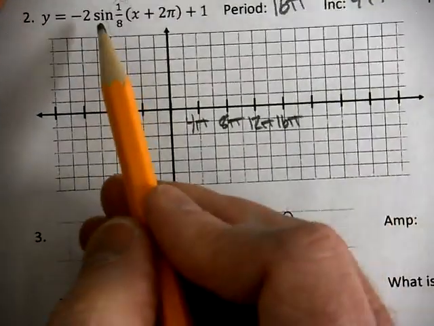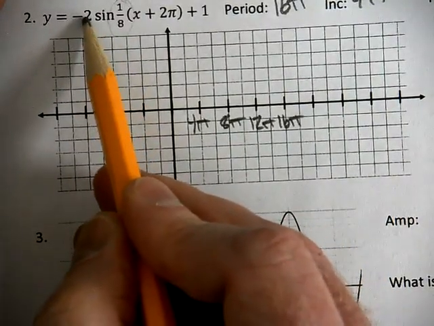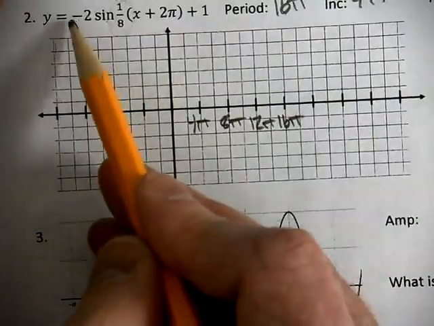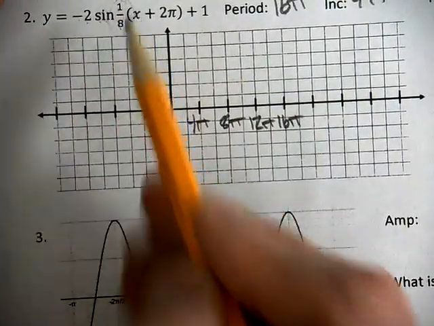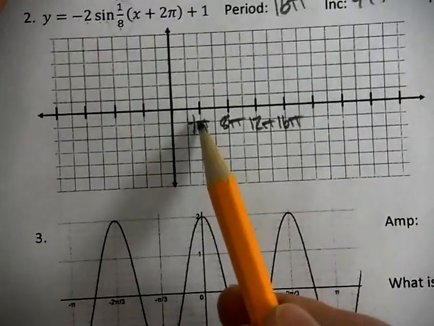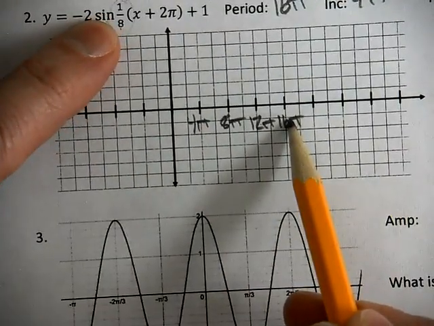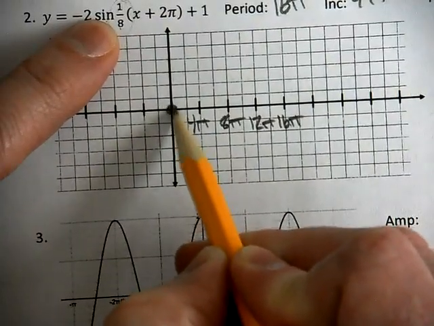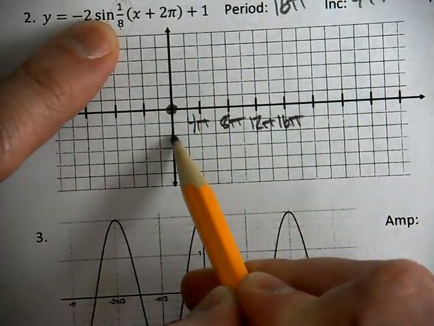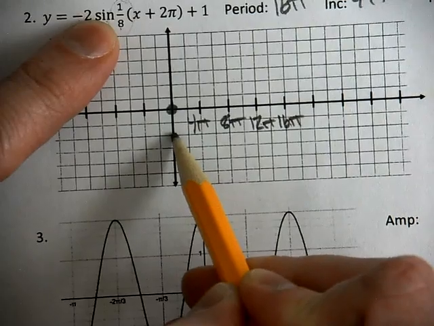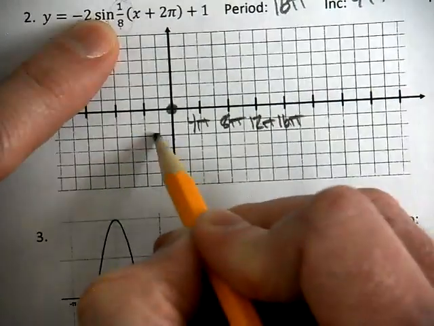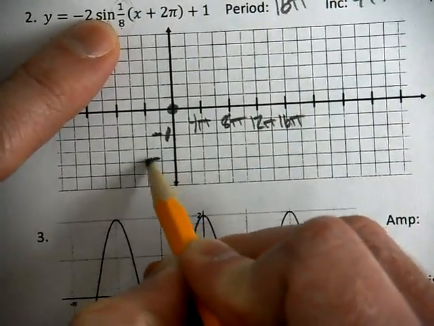The graph that we're going to do right now is just -2 sine of 1/8 x, because the 1/8 makes our scale. Now we're going to do sine, which starts at 0 and goes down to 2. It looks like we have room to count by 2s.